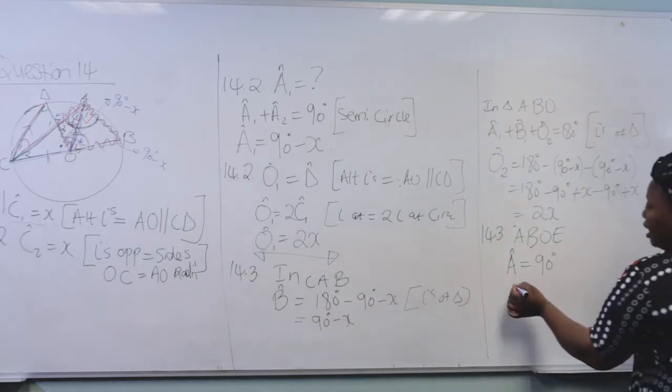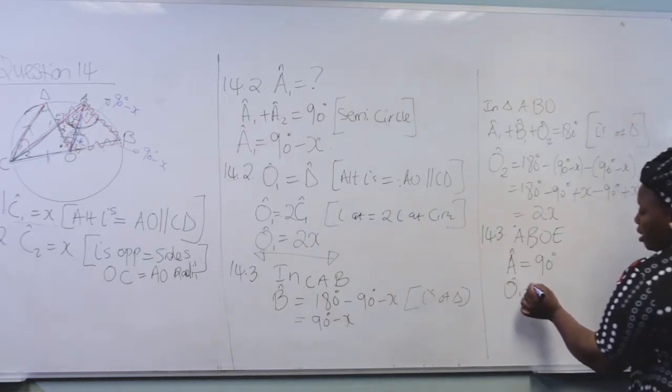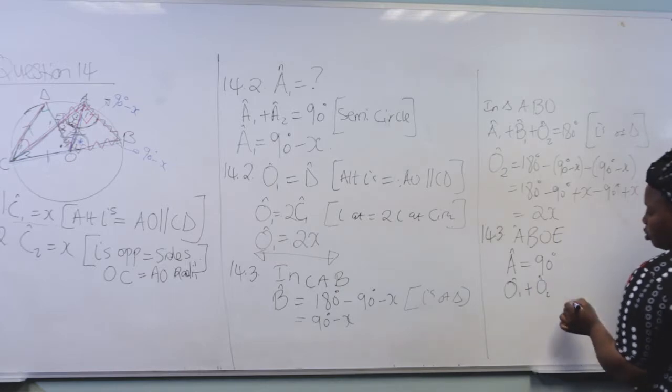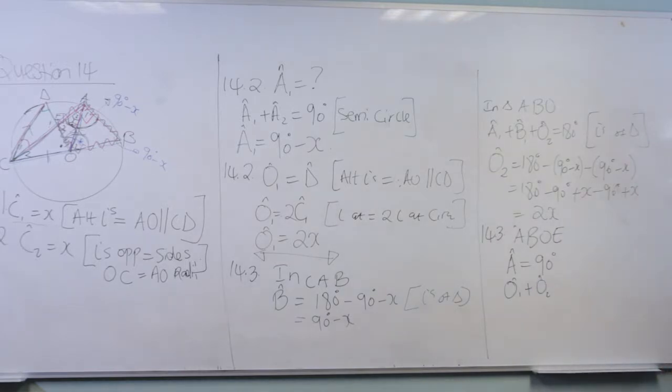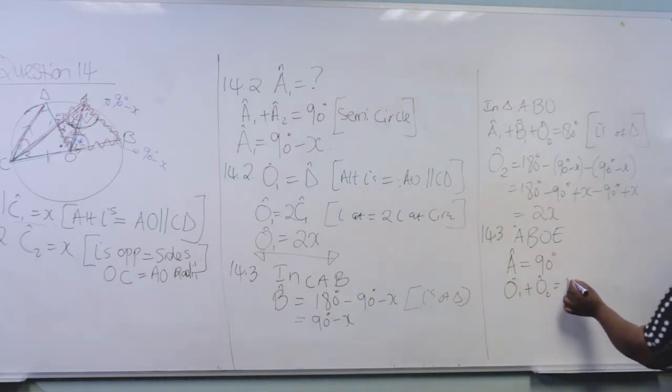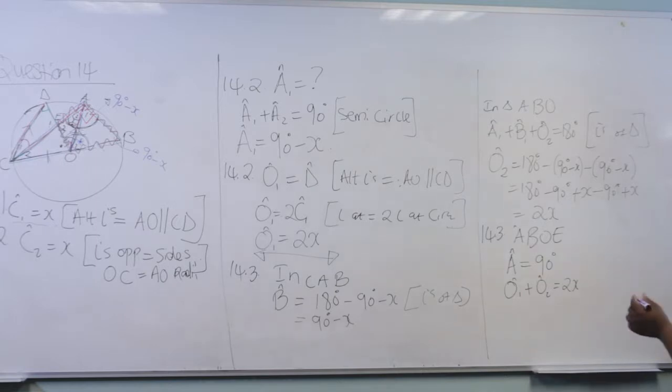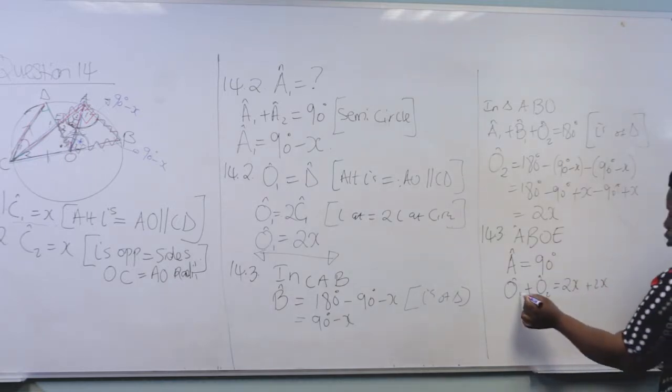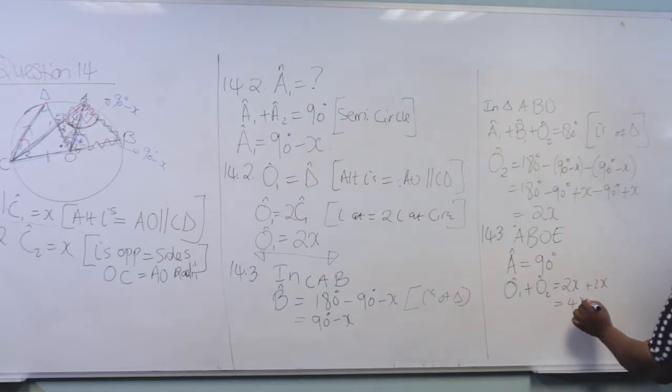Now we are looking for angle O1 plus angle O2. What is it that they give us? We have solved that angle O1 is the same as 2x. And angle O2 is the same as 2x. So it means that O1 plus O2 is equal to 4x. That's what we are having.